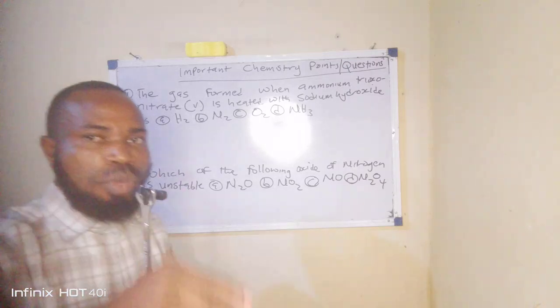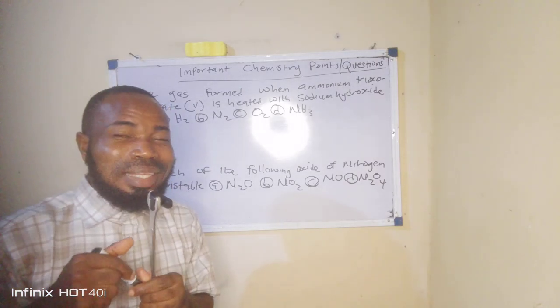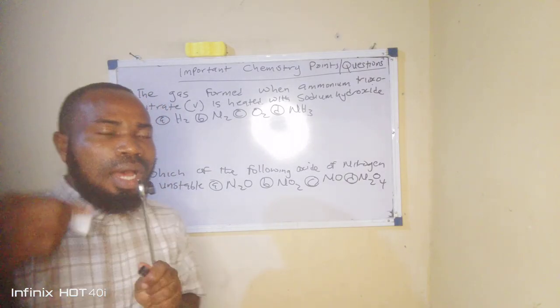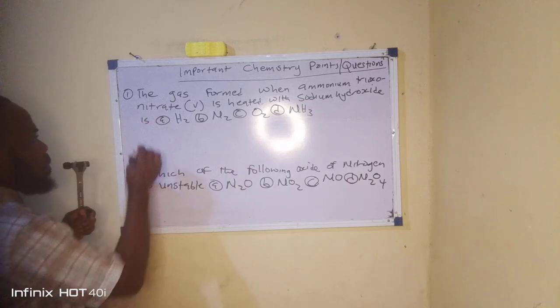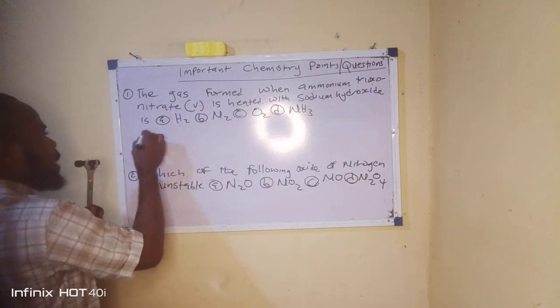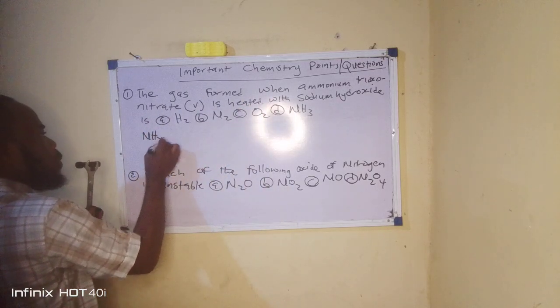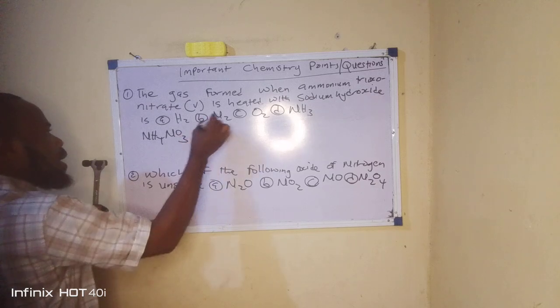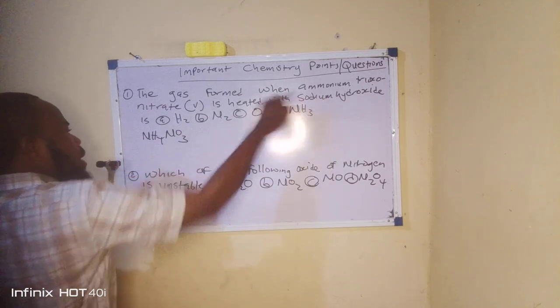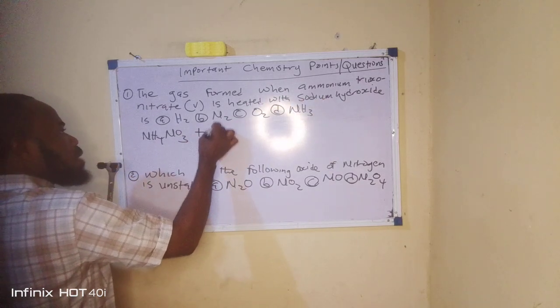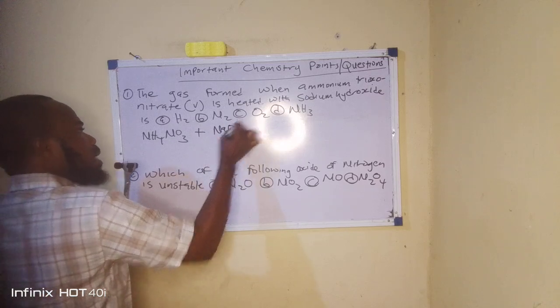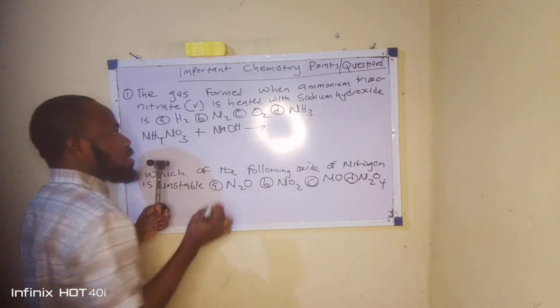First of all, let's go straight to the answer. For us to know that, we have to bring out the equation for the reaction. The formula for ammonium trioxonitrate(V) is NH4NO3. They say if you react it with sodium hydroxide, which is also regarded as caustic soda, they are asking us what is the gas that will be evolved.